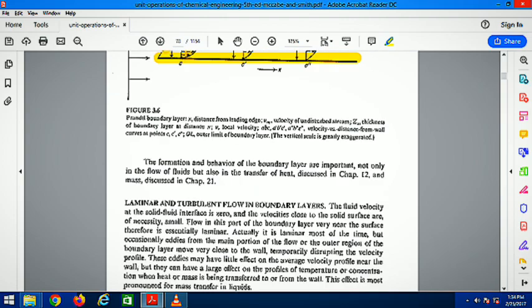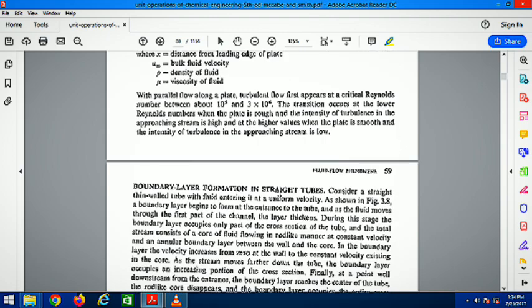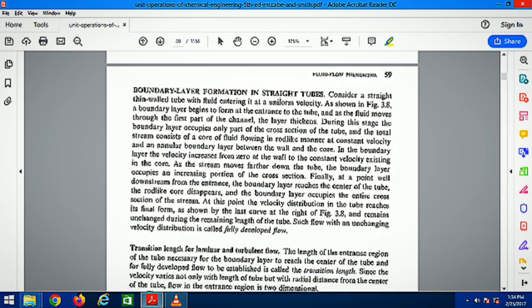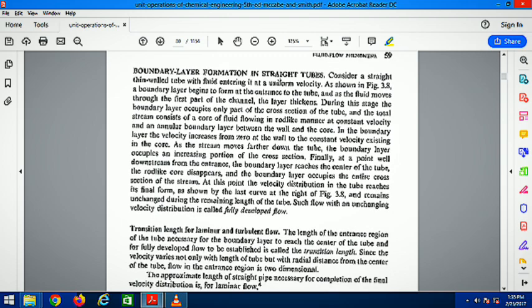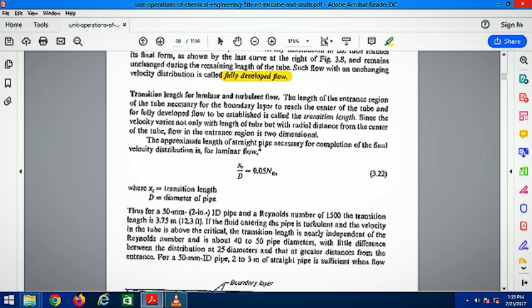So a boundary layer is formed. Slowly the boundary layer grows, and when the fluid enters the pipe and after the whole interaction, we get a fully developed flow.